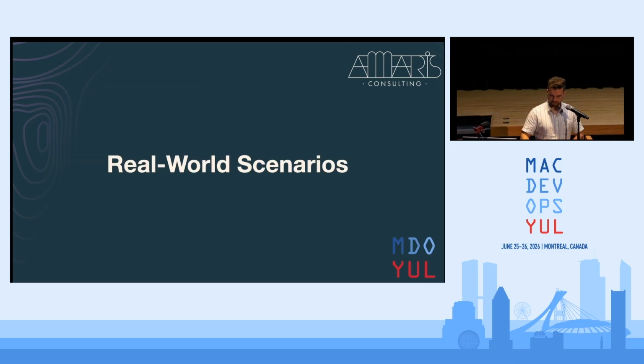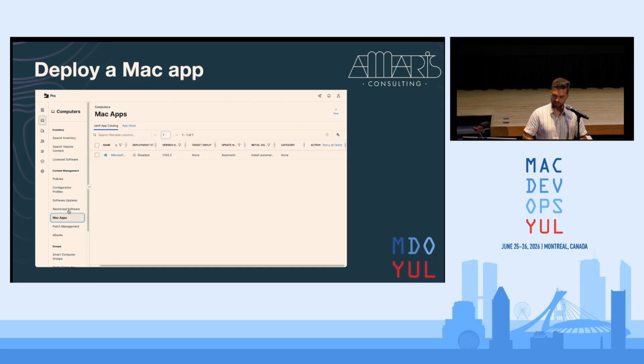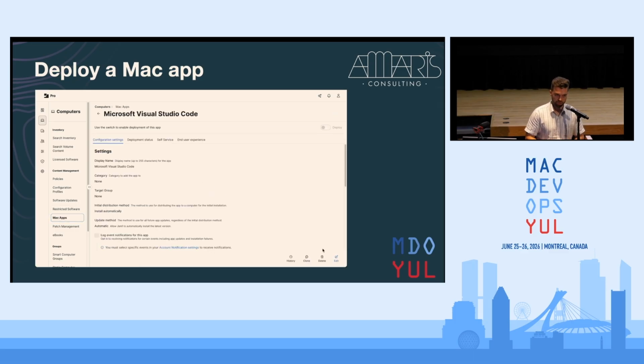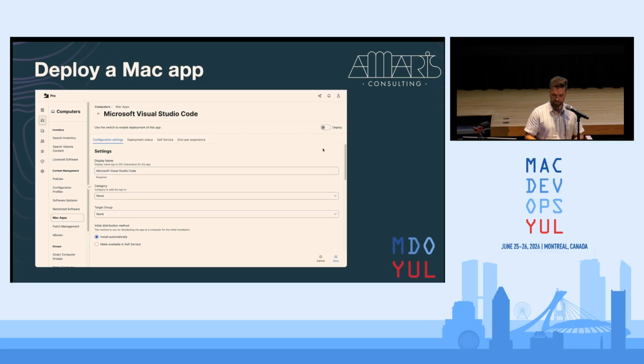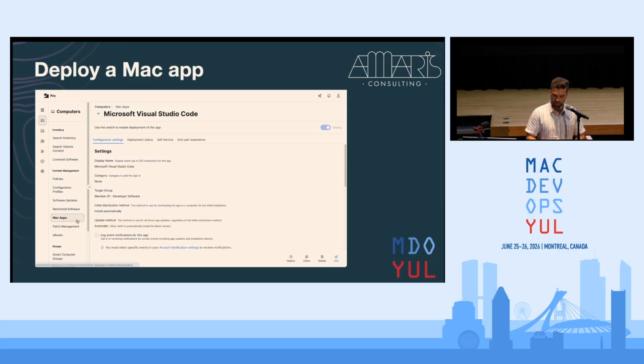I'm actually not going to show the real-world examples, I can do just one, because we're going to run out of time. In this case, this example is if I have a developer software group. Your developers might need some different applications than everybody else, so you might want to have just Visual Studio Code, for example, with the Jamf App Catalog deployed to them.